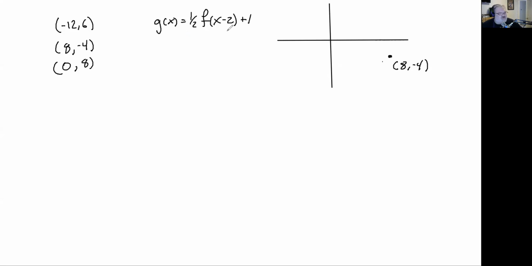There's a couple ways to think about why that happens, but the one that I like is that this -2, because it's happening before the function exists, doesn't really move the function around. What it moves is the axes. It moves the x-axis.